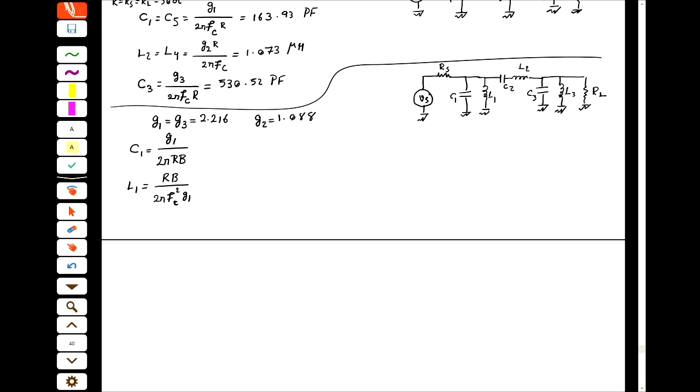And then the C1 equals to 0.353 nanofarad, and then the L1 equals to 0.718 microhenry.